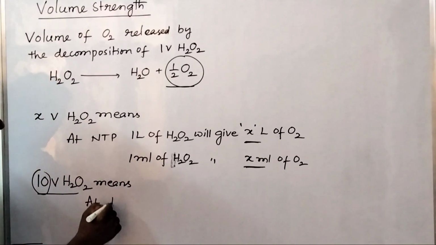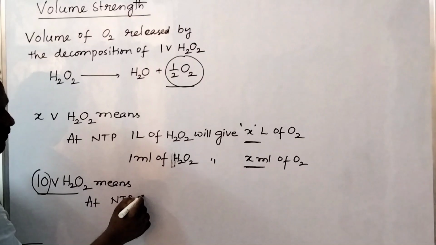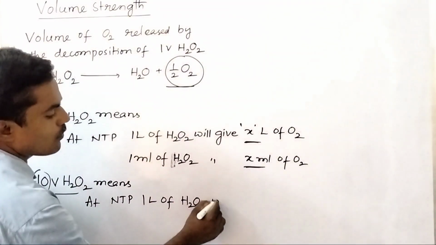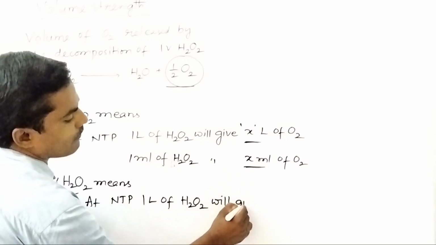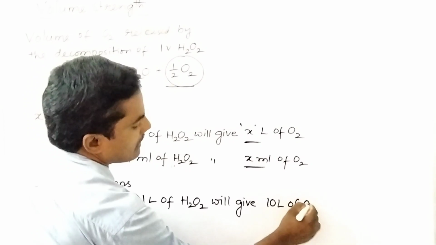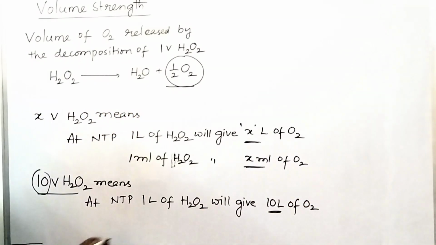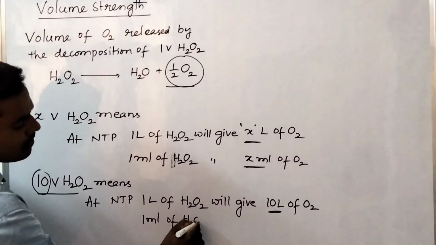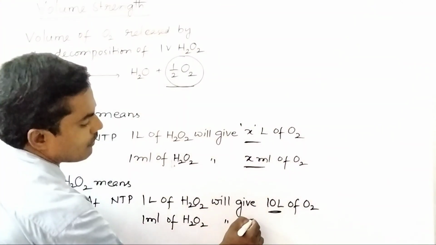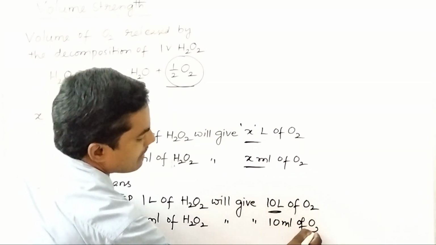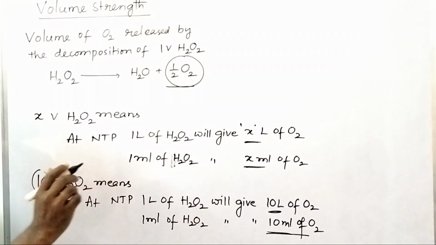Or 1 milliliter of H2O2 will give 10 milliliters of oxygen.